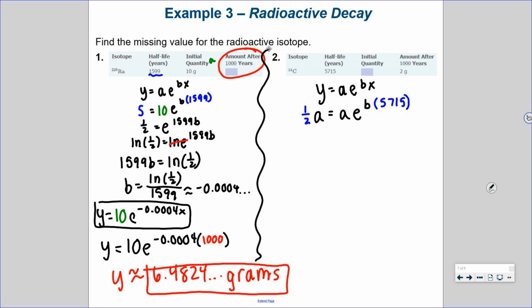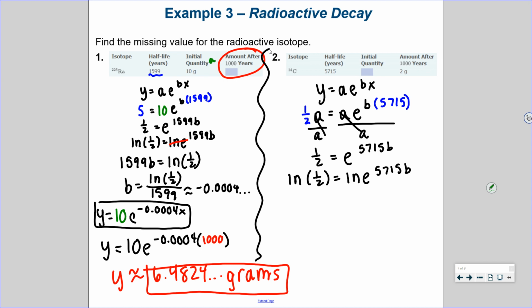So if you want to write in your notes, we could technically divide both sides by A. We get half equals e to the 5715b. So we're left with one variable. We can solve this with natural log. That cancels.